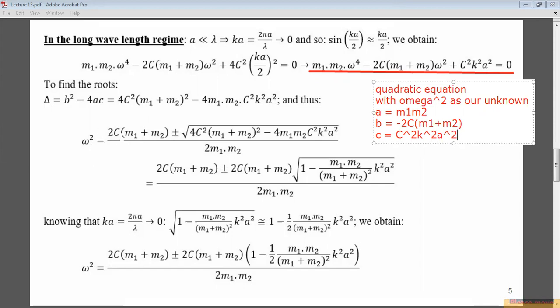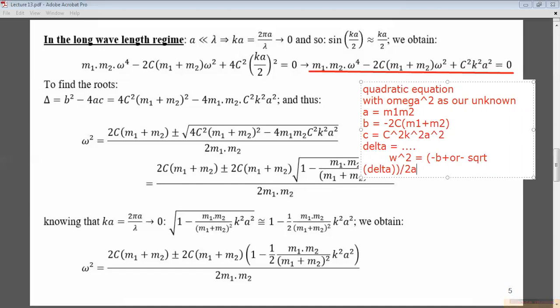After I find delta, I will get omega square equal to minus b plus or minus square root of delta altogether, divided by 2a. And this is exactly what we did here.